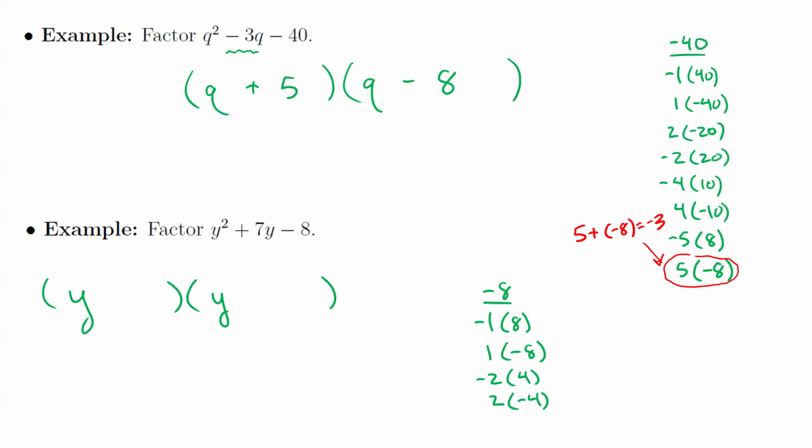So that's why I keep saying if it factors. So if you exhaust all the possibilities and it doesn't work, then you just say can't be factored. In this one, I'm looking for two things that multiply to make -8, but add to make +7. And this one right here is going to do the trick, isn't it? So -1 plus 8 is 7. So y minus 1 times y plus 8 is our answer.